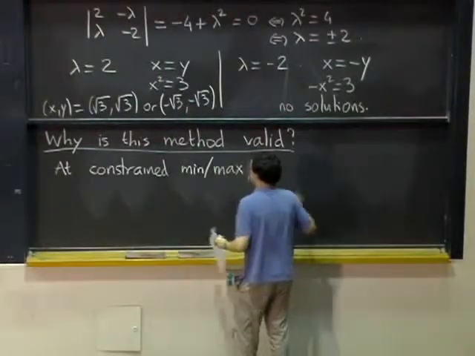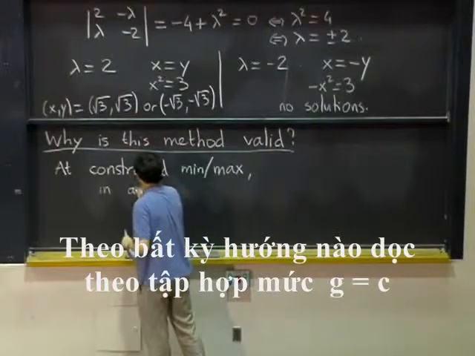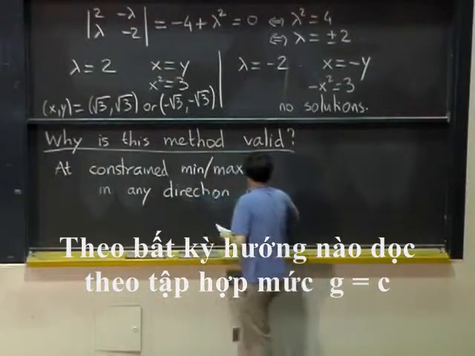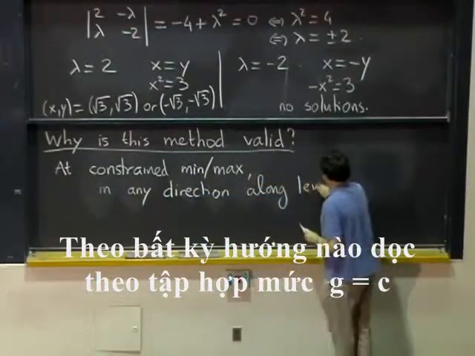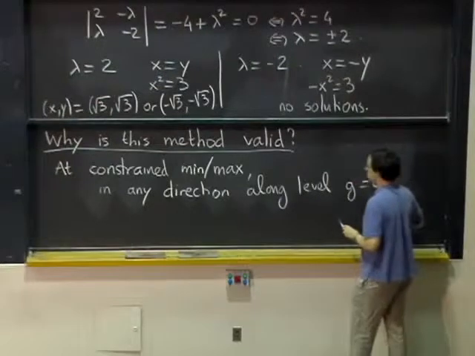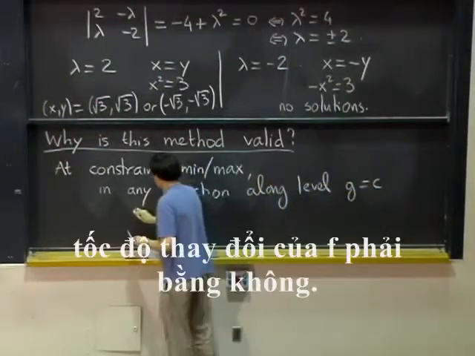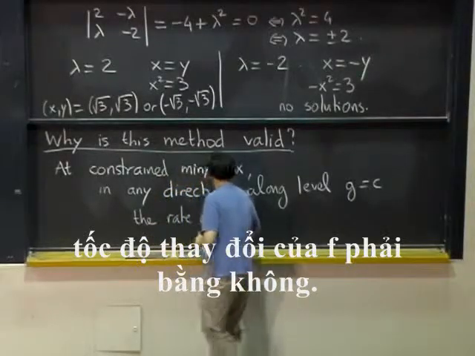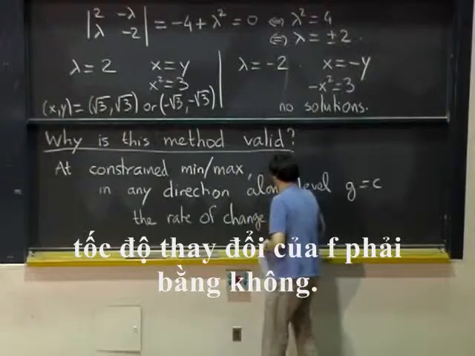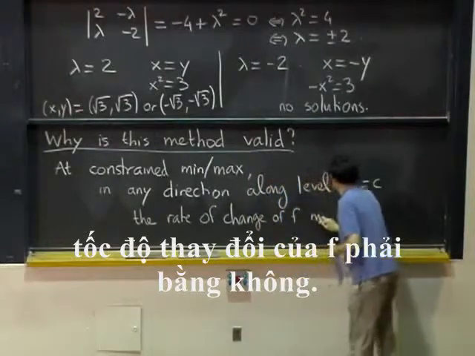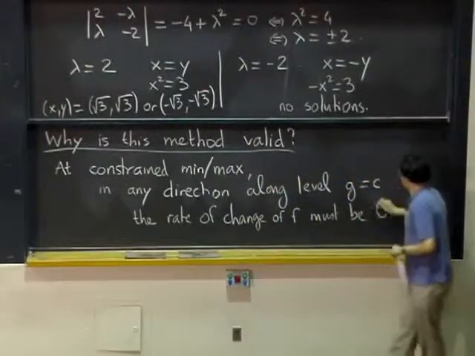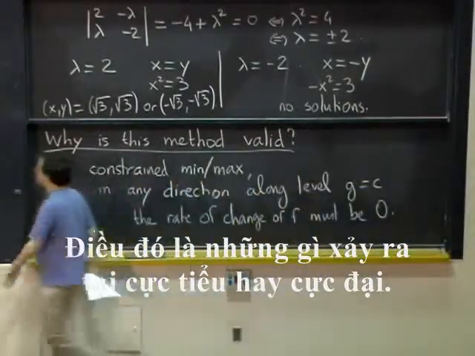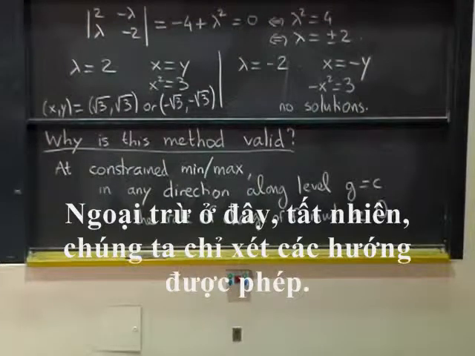So in any direction along the level set g equals c, the rate of change of f must be 0. That's what happens at minima or maxima, except here, of course, we look only at the allowed directions.